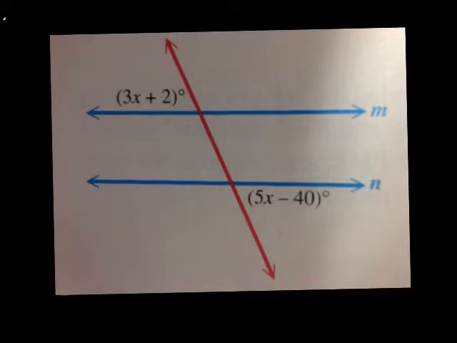So what we're looking at is we're trying to find out what this angle here is and what this angle here is. Now I know they're going to be the same angle because they're alternate exterior angles. But what are they? I know that they're equal, so I can write this as 3x plus 2 equals 5x minus 40.